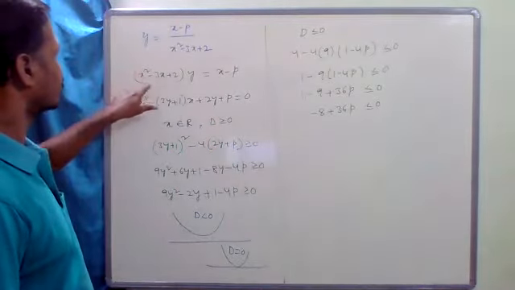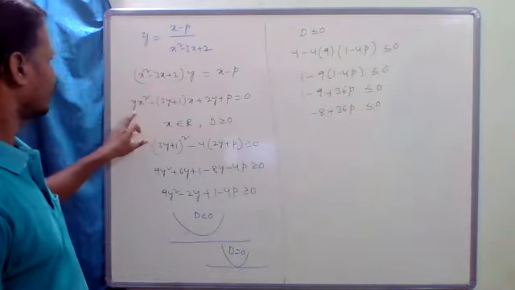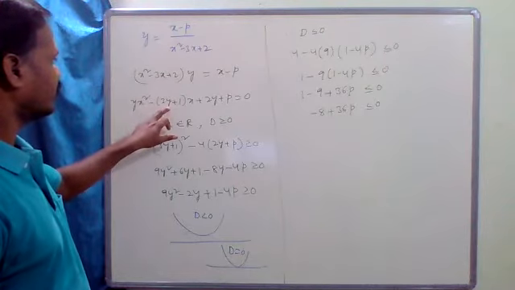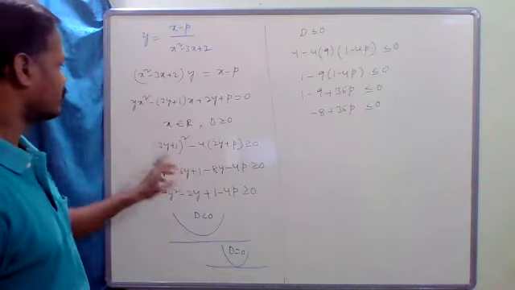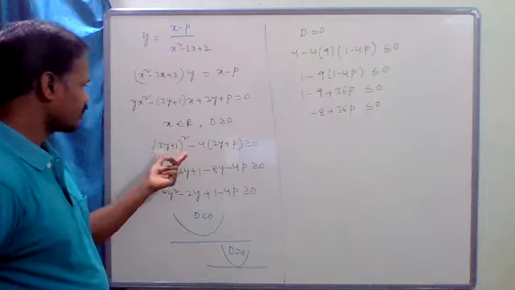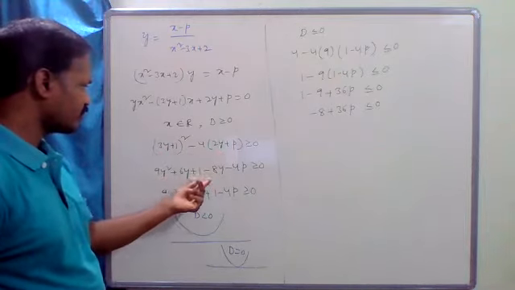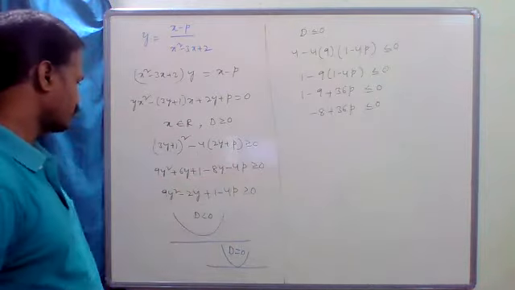So (x square minus 3x plus 2) into y equal to x minus p. So y x square minus (3y plus 1) x plus 2y plus p equal 0. So discriminant is greater than or equal 0. So b square minus 4ac. So 9y square plus 6y plus 1 minus 8y minus 4p is greater than or equal 0.